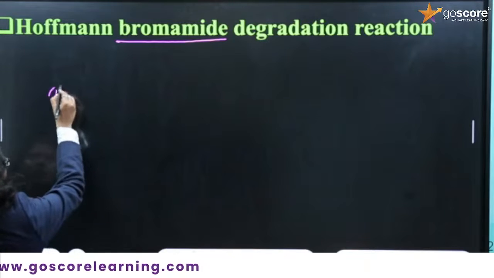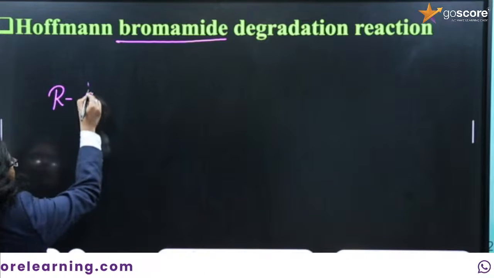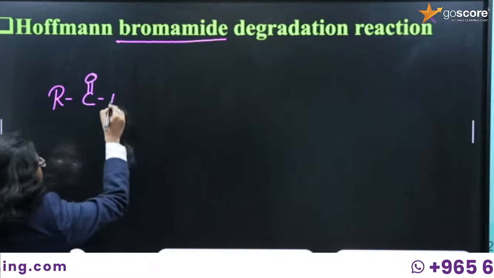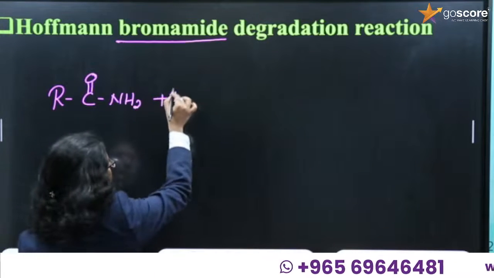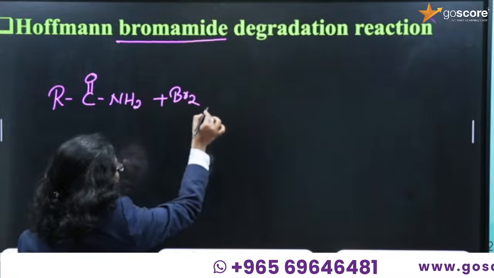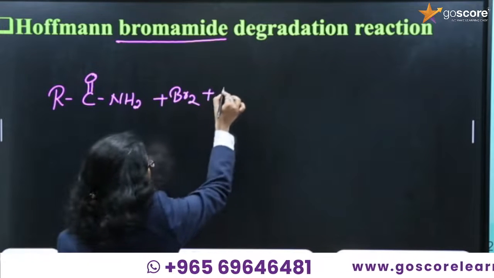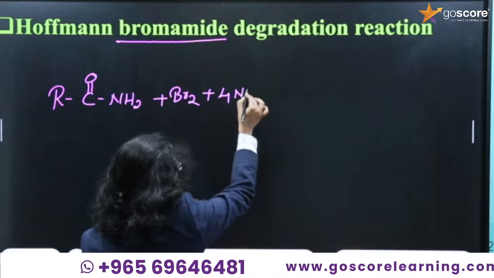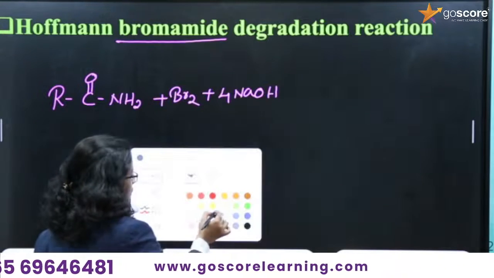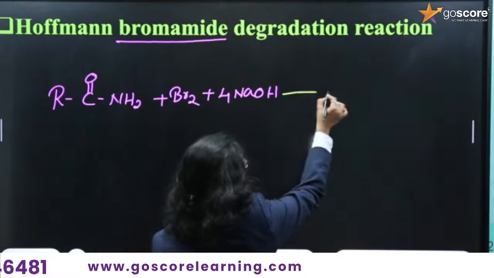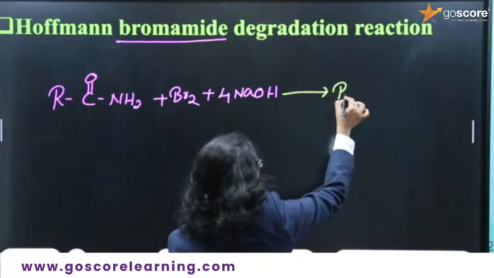So R C double bond O NH2, Br2 in presence of NaOH, you will get primary amine.